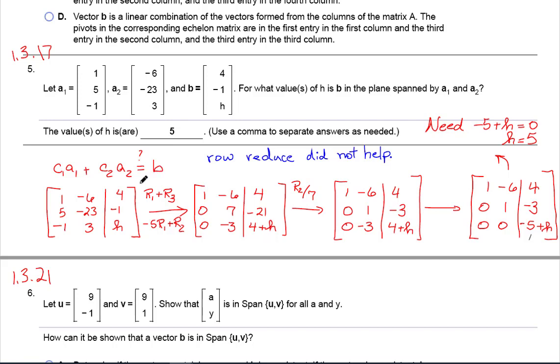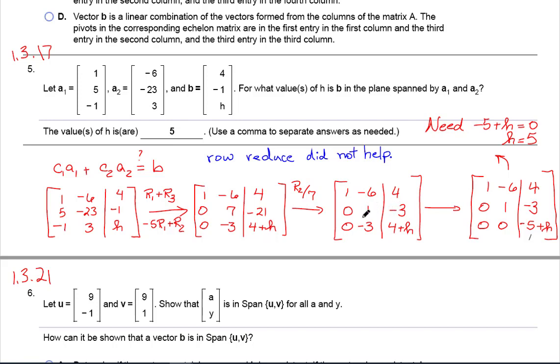All right, so I formed the corresponding matrix with columns A1, A2, and B. I tried to row reduce, but in this situation it was of no help. It didn't give me any clear indication. So when that happens, you still have to do it by hand. So I started off with the 1 here, made 2 zeros underneath, and I begin to see some relationship of how H is involved. I took row 2 and divided by 7. All right.